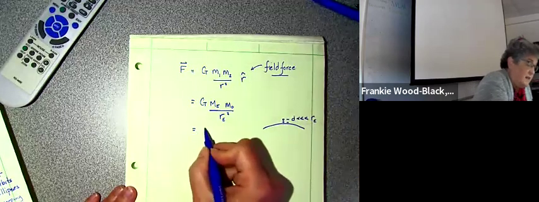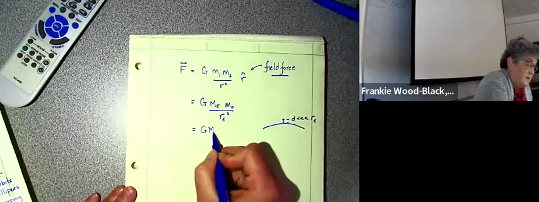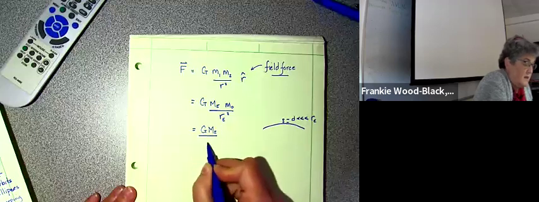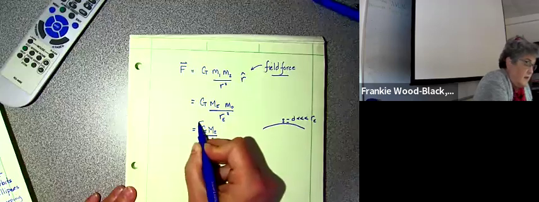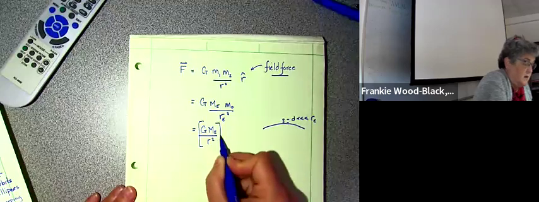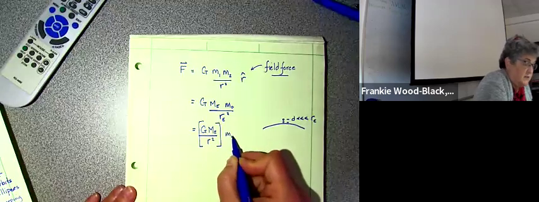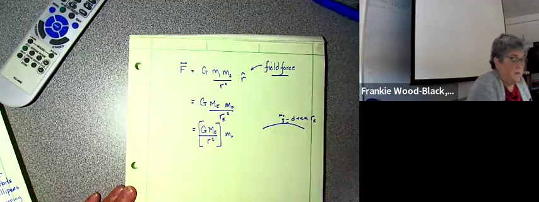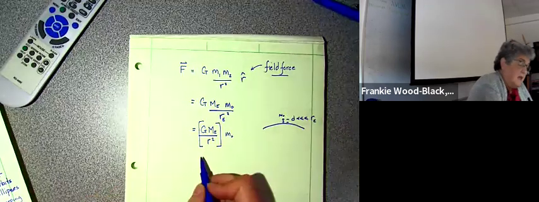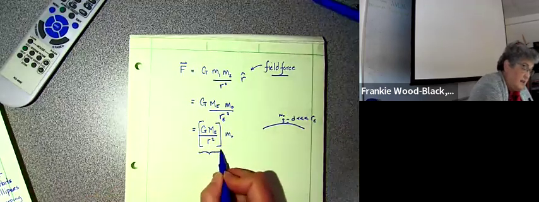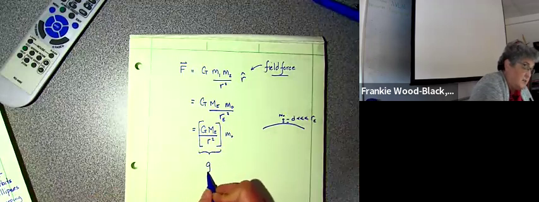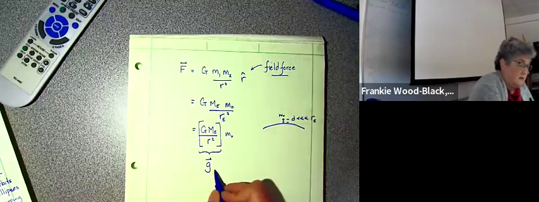I can rewrite this and get this value here, and this is my object that we're dropping, and this equals my acceleration due to gravity on Earth.